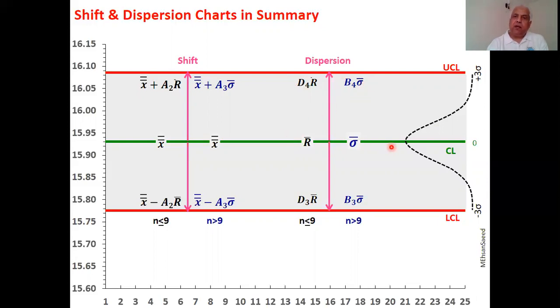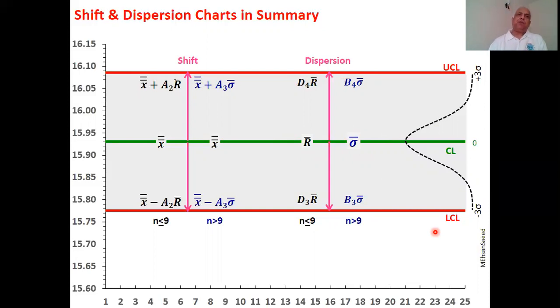The center line of these charts is R bar if it is the range chart, and sigma bar if it is the sigma chart. So it provides a good snapshot of the shift and dispersion chart.